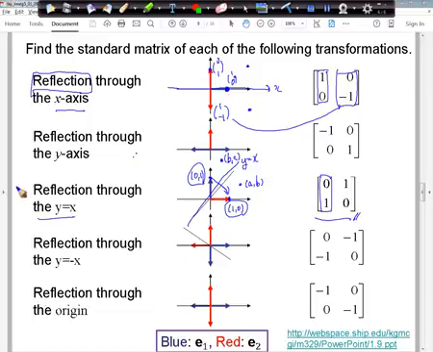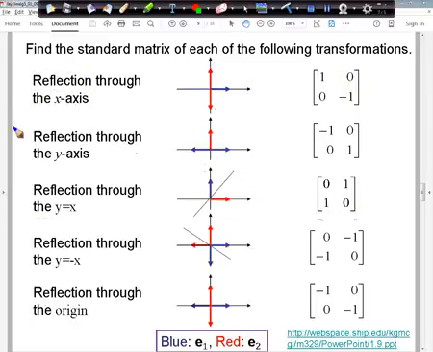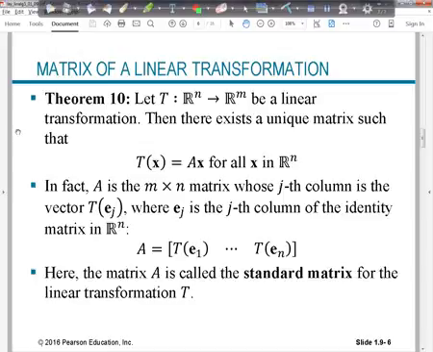Yeah, these are all easy. But let's think about one more thing here. In this case, we still have to require the assumption that all these transformations are linear, right? So basically, the reason why we can do this trick is based on this exact theorem, theorem 10, right?